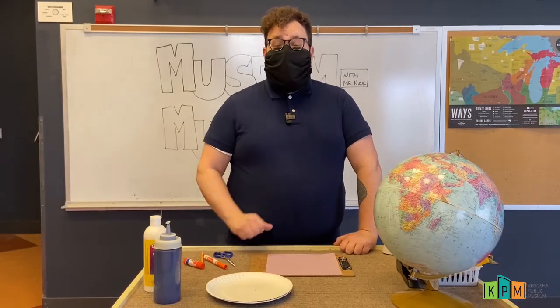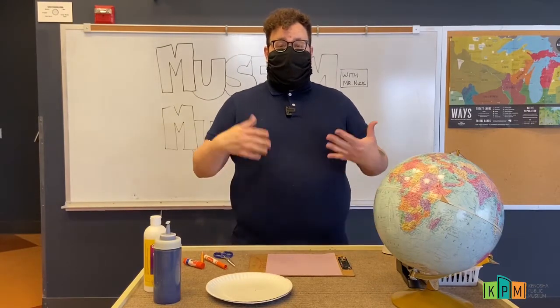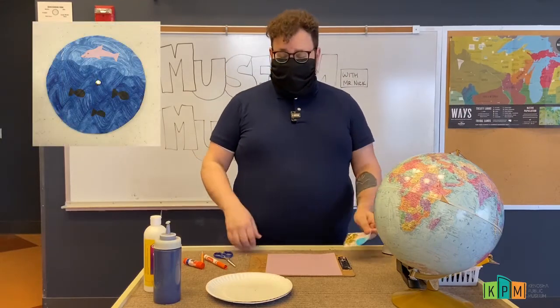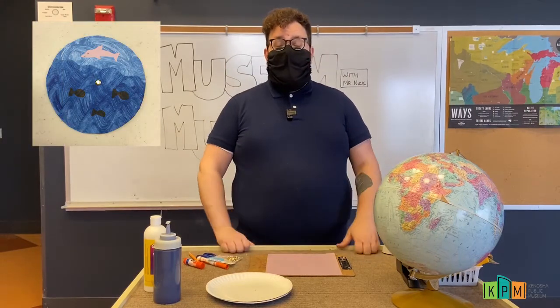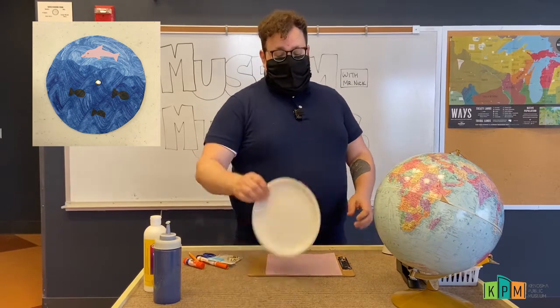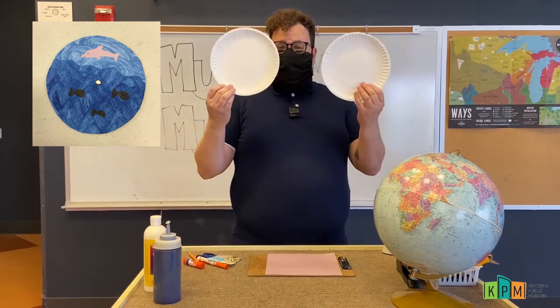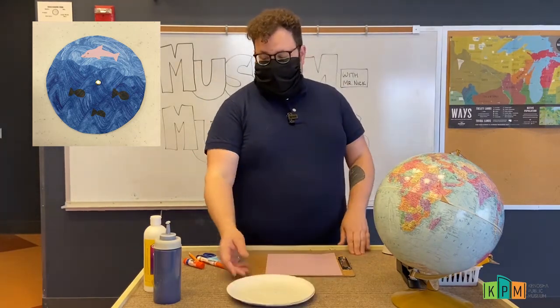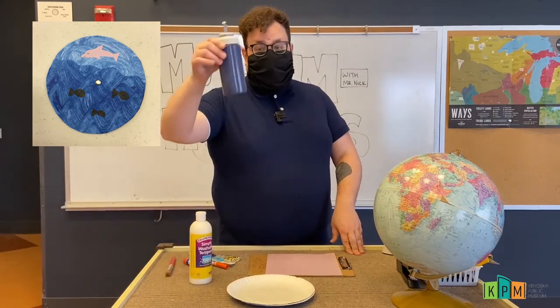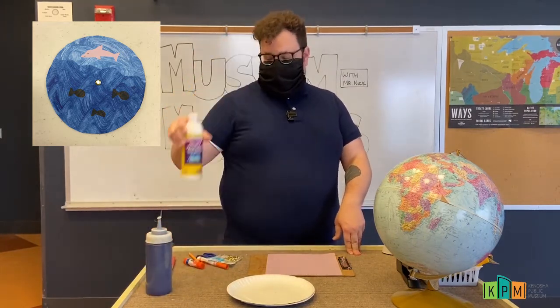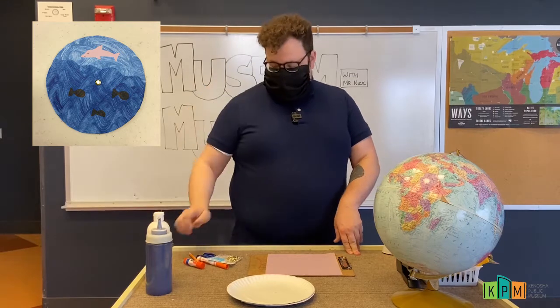All right, so for today's craft, we're going to actually be making a jumping, splashing dolphin. And for this activity, we are going to need just a few things. We're going to need 2 paper plates. We're going to need some blue paint and some white paint and a paintbrush.